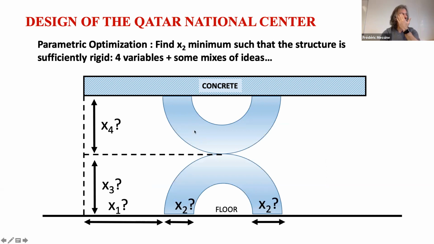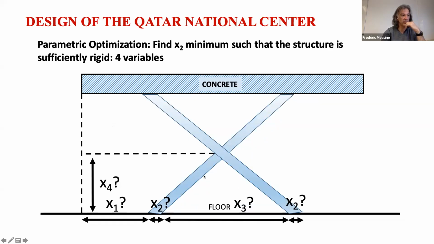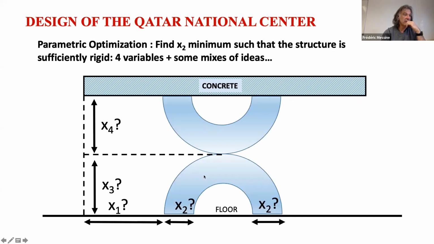But maybe it's not the real optimal solution, because you impose the structure of the solution. You impose this kind of structure or that kind of structure. You will find maybe plenty of solutions if you have plenty of different ideas, but of course, it's not the best possible.